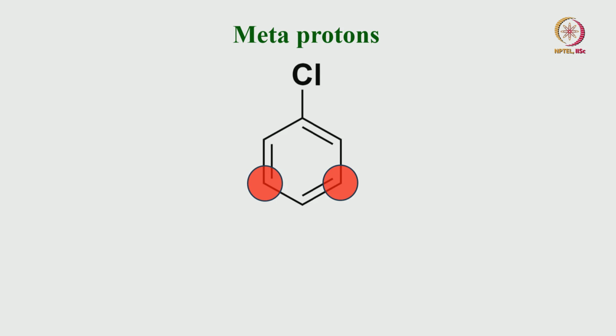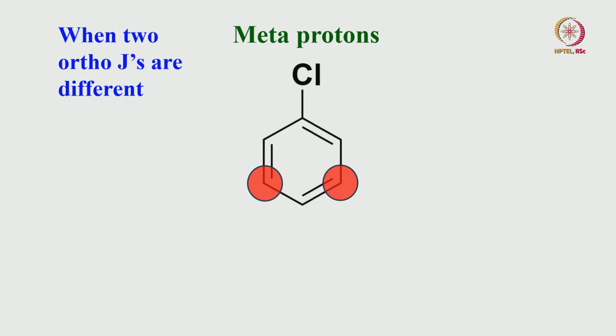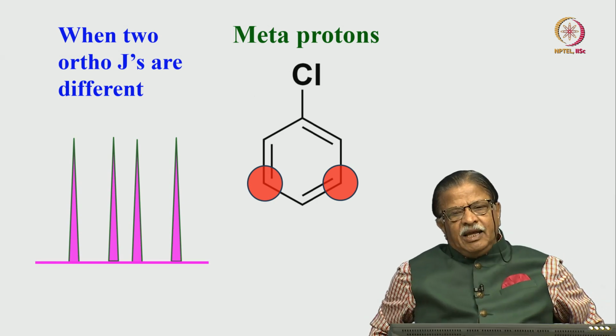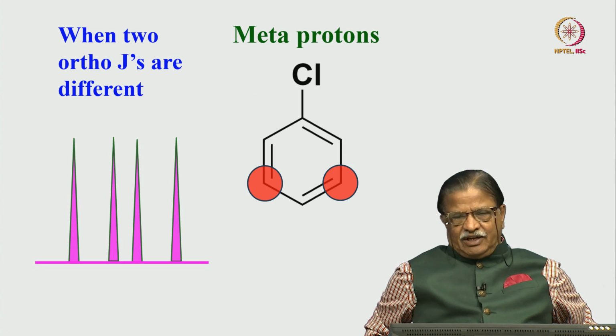What about the other one now, meta protons? This is fairly difficult. Here we can think of when the two ortho couplings are identical. The two ortho couplings could be different or identical, but in this case, because of the symmetry, they are not different.